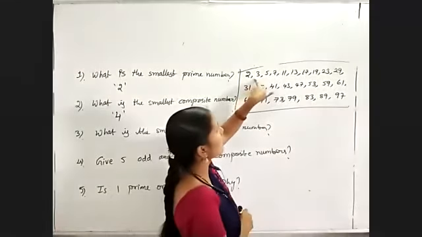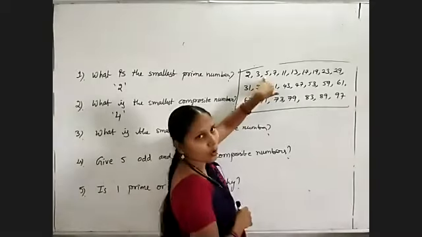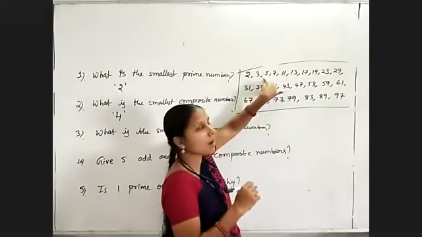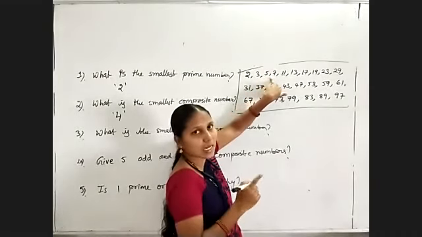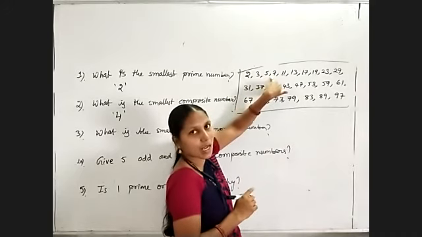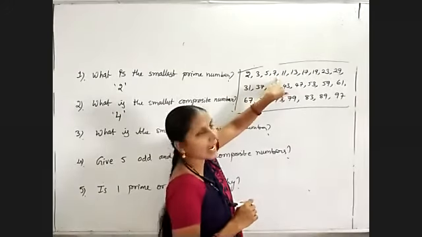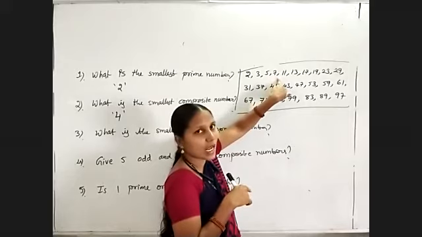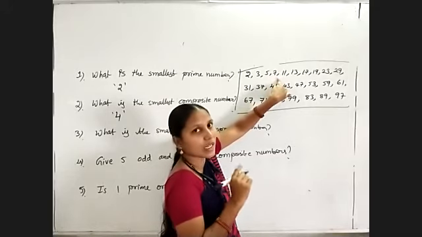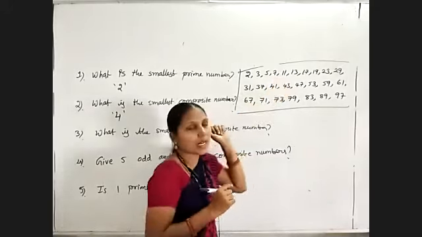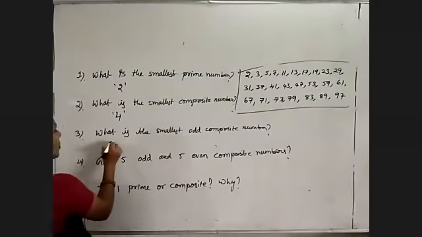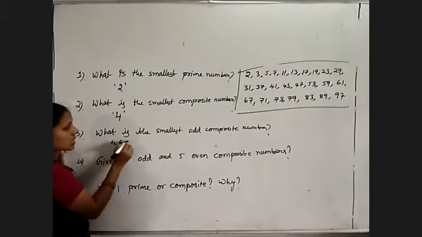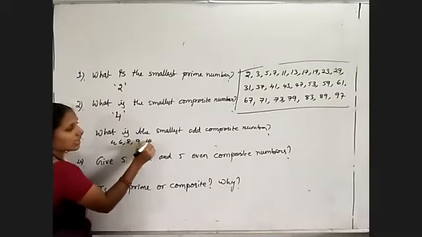So here observe 2, 3, 4. 4 is a composite number. That is the first composite number. 5, 6 is the next composite number, but it is also an even composite. 7. After 7, we get 8. 8 is also a composite number, but that one is also an even number. Coming to 9. So observe, composite numbers are 4, 6, 8, 9, 10, 12.